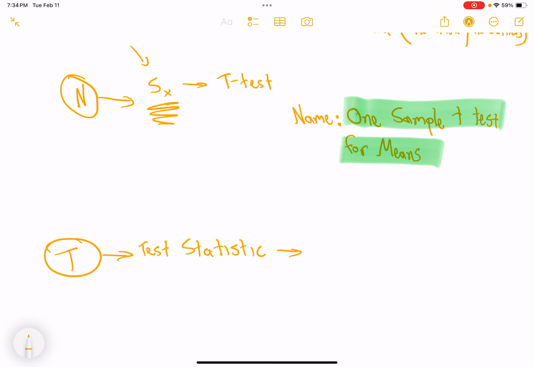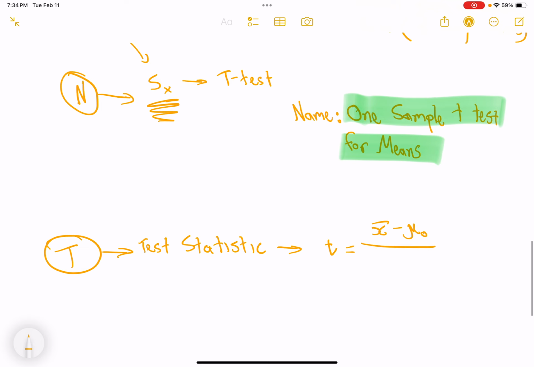We are going to be looking for a t-test statistic that is equal to x bar. Mind you, I just want you to keep in mind, this is the same equation as we had for proportions. It's all going to roll the same way, except it's going to be the sample mean, which is x bar, minus the null mean, right? So we find the difference between those two, and then we divide in the standard deviation for our sampling distribution, which for a t-distribution looks like this, right?